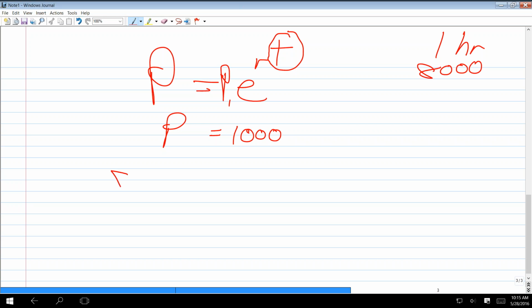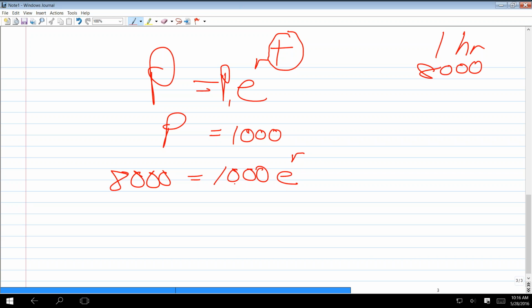So what we have is 8,000 is what it grows to. There's what it started with. It's e to the r, which we don't know, but we know t is 1. So we have to solve for r to come up with this equation. And that will be the rate of growth.